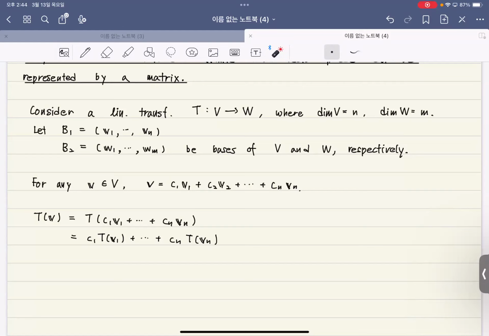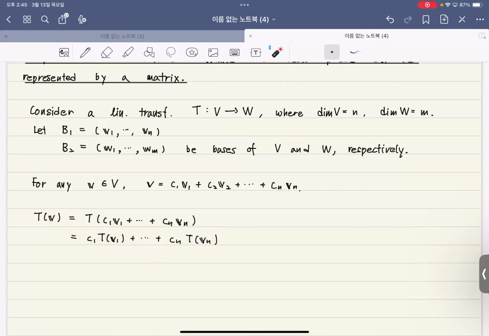Suppose that you can compute each of T v1 to T vn. If you can compute the images of each of these basis vectors from V, then computation at any other point is an automatic consequence. Why? Because if you know each of these values, then you can compute the image just by multiplication. So this is why linear transformation is so easy.